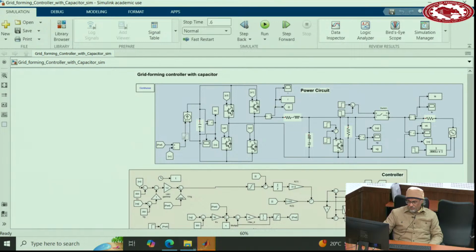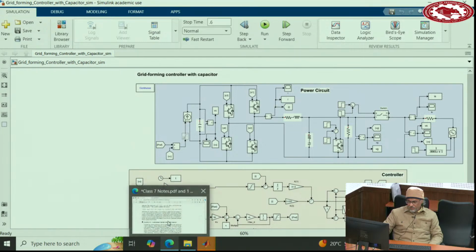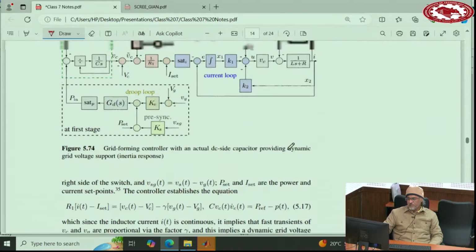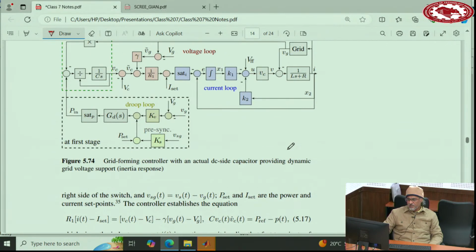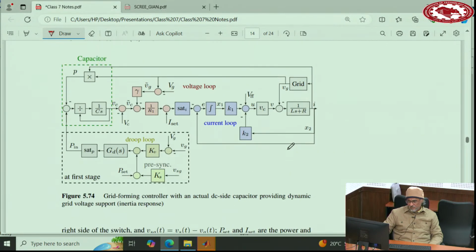I have to, yeah, the answer to this question. I don't want to give a quick wrong answer. See, basically what the converter generates or provides is this voltage, right?